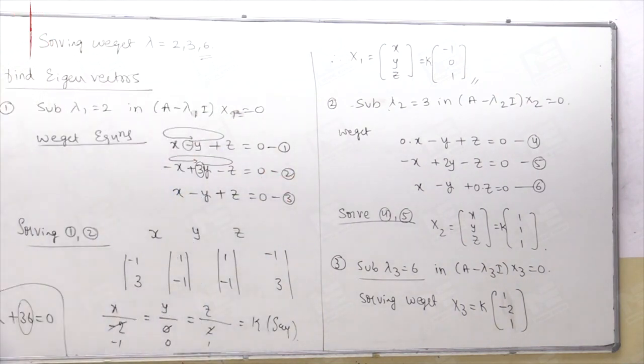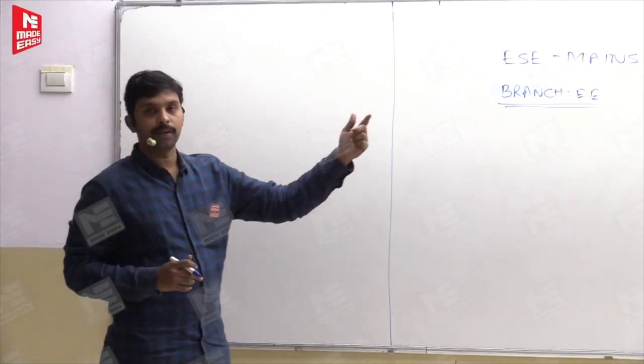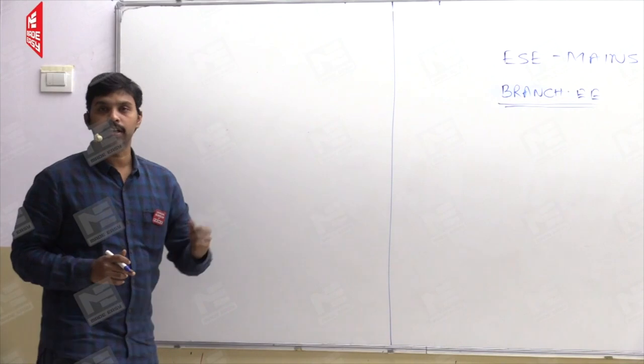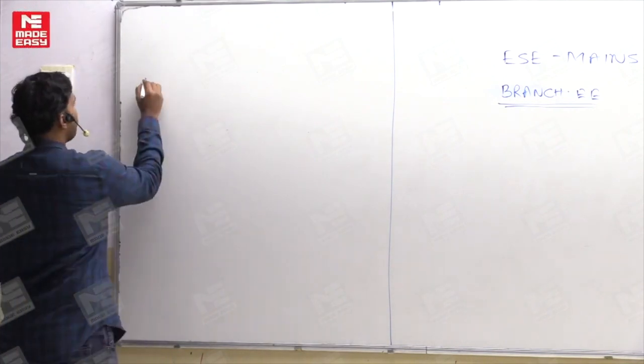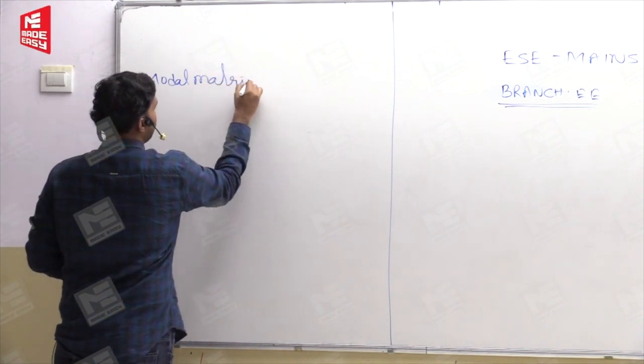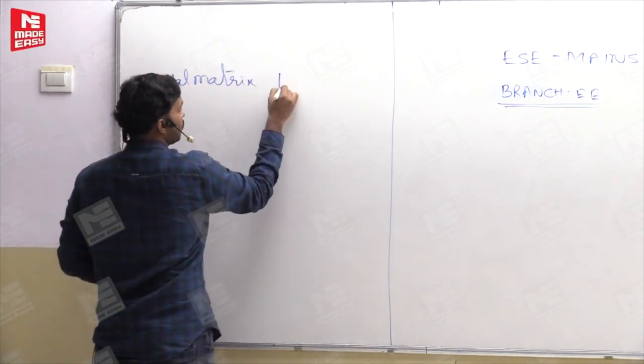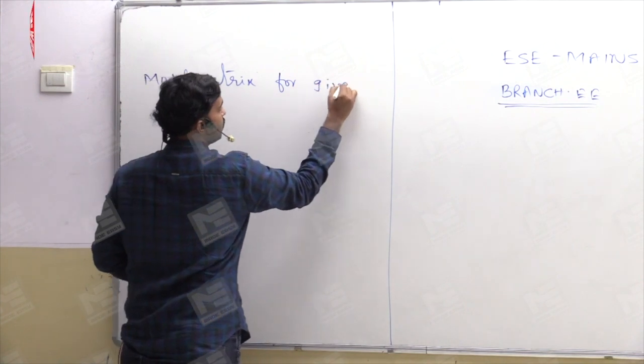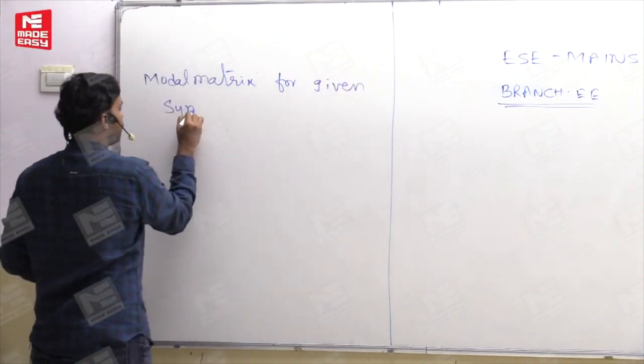Now let's write the model matrix here. We got the eigenvectors for each eigenvalue, so now we have to take the model matrix for the given symmetric matrix.